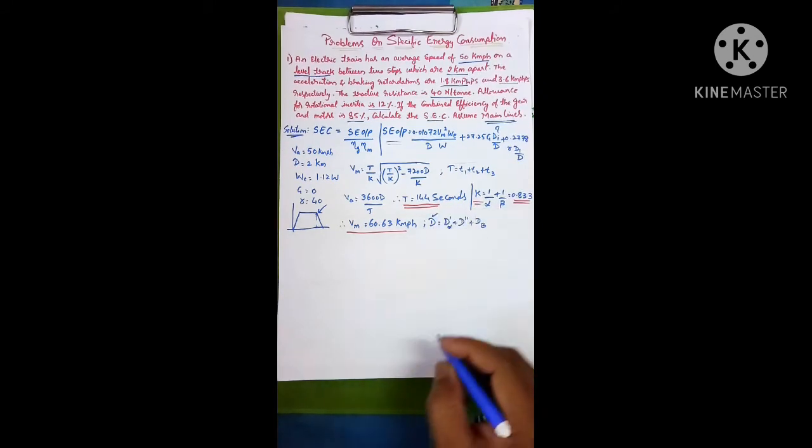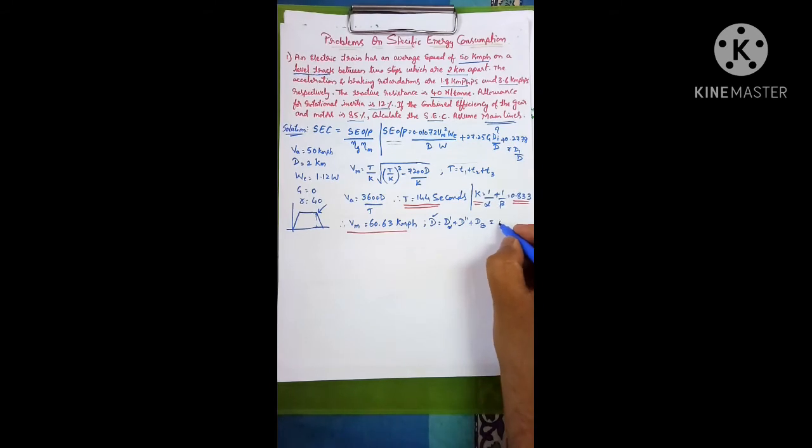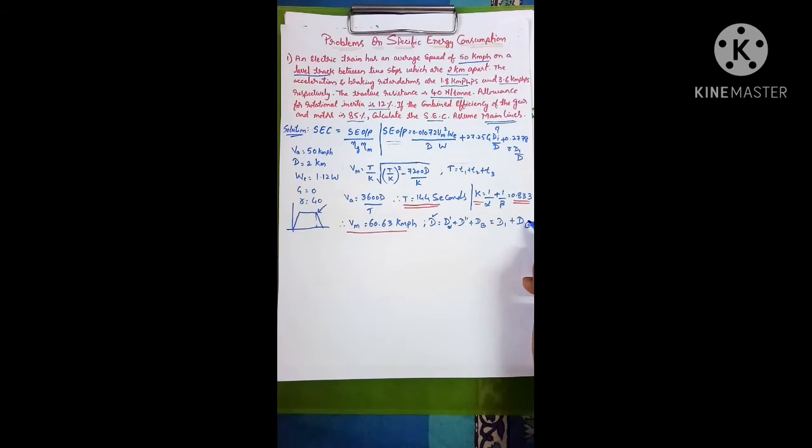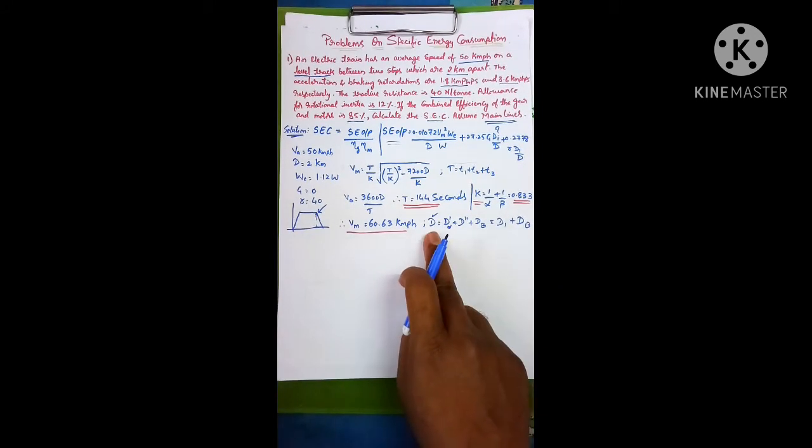We know the total distance and we don't know these two. The summation of these two, D dash plus D double dash, will be taken as D1, plus the braking distance. If we know the braking distance, then I can find D1 because we know the total D, right?